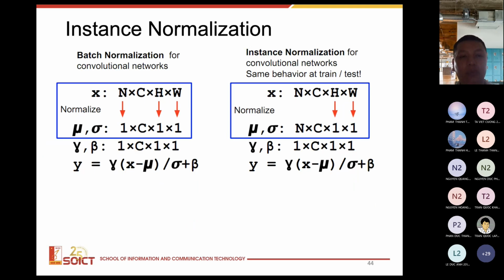For convolutional neural networks, there is spatial batch normalization, and here we can also do instance normalization, and in that case we set the mu and sigma accordingly.